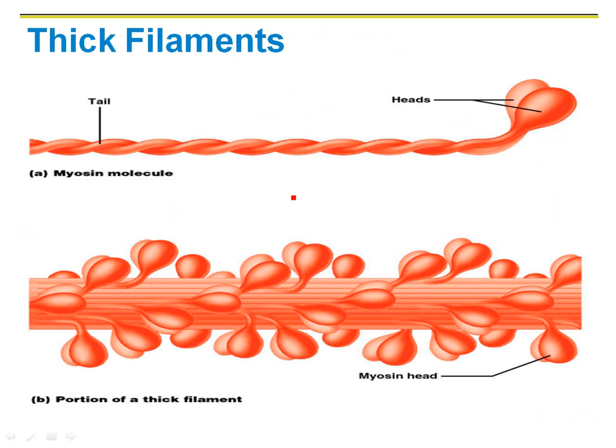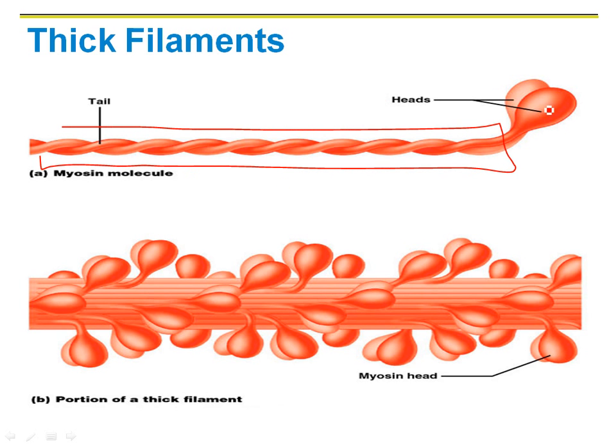If we go back and start to look at the individual filaments, in the thick filament, you would see that it's hundreds of molecules called myosin. Myosin has a long tail region and then two heads that stick out. What myosin can do is bend at its tail and bend at its heads. In fact, remember that the myosin is between the thin filaments. There's a binding site on myosin's head for that thin filament.